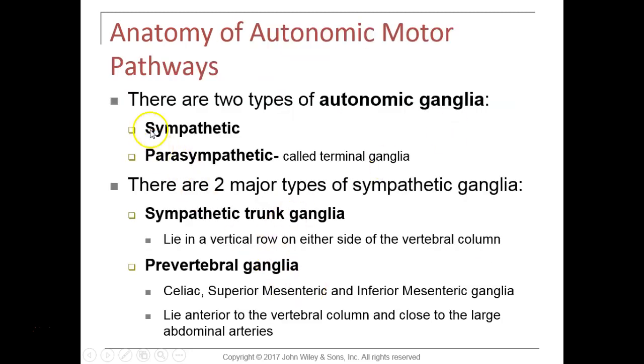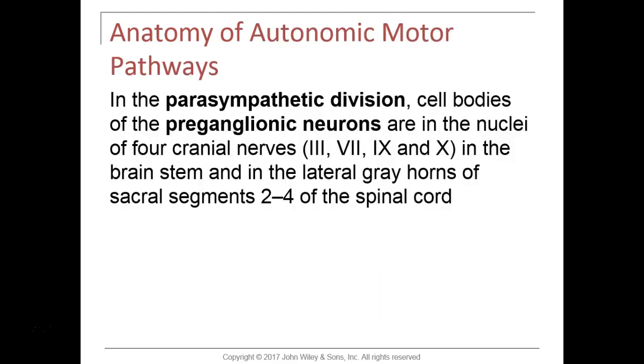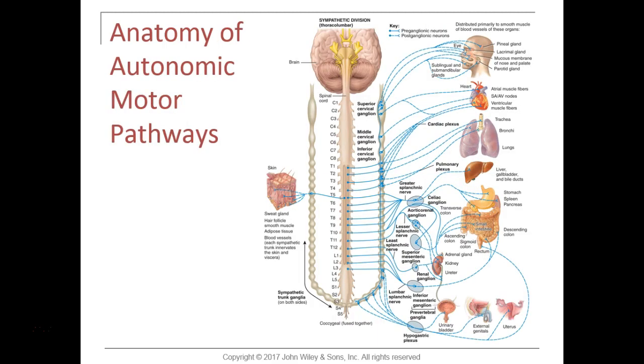Now, the sympathetic ganglion come in two types. I mentioned these already, the sympathetic trunk or chain ganglion, you might see that name, sympathetic trunk or the sympathetic chain ganglia plural. These are a pair of ganglia that lie in a vertical row up and down our vertebral column, just lateral to the spinal cord. So let me go back to the picture of the sympathetic nervous system.